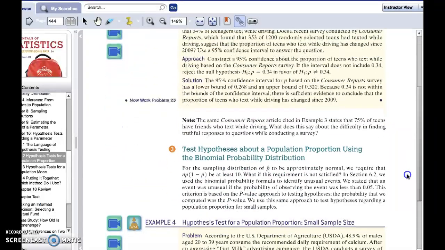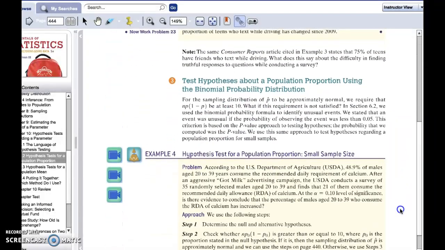Okay, the last thing I want to point you to is this third part about using the binomial distribution. Anytime your n times p times 1 minus p condition does not check, you run into some issues. With confidence intervals, if your n times p times 1 minus p did not check, it was pretty much, we stop there, we can't continue.